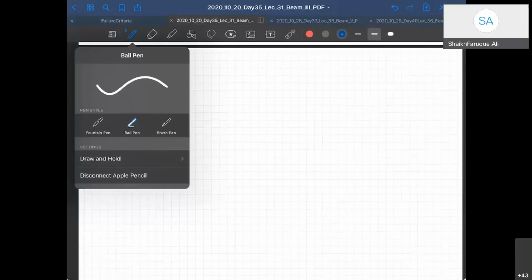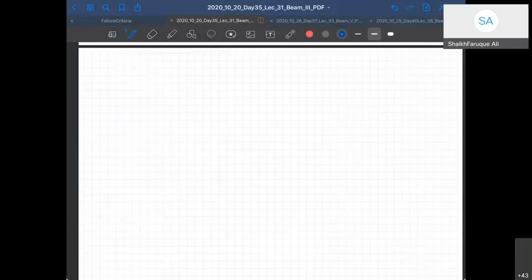What we said a few classes before is that if you have a section like this, and there is a neutral axis here, you represent it as this cutout section.